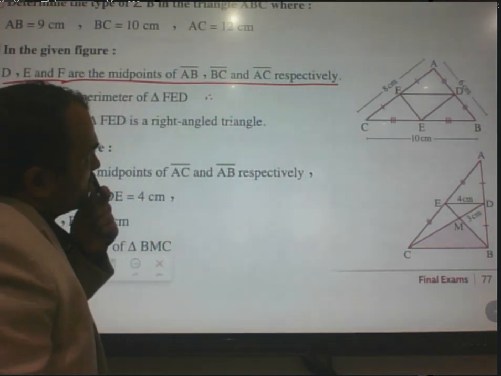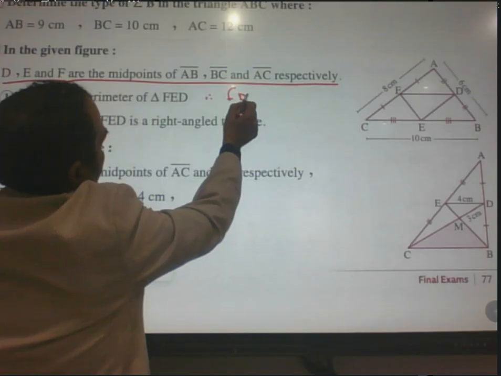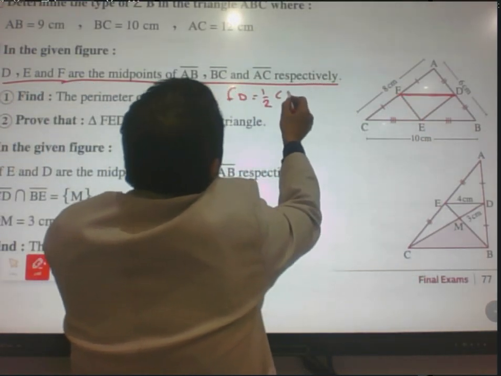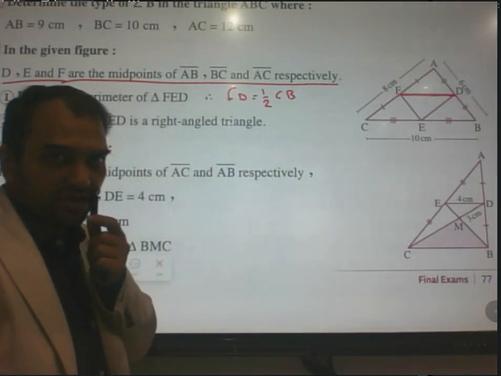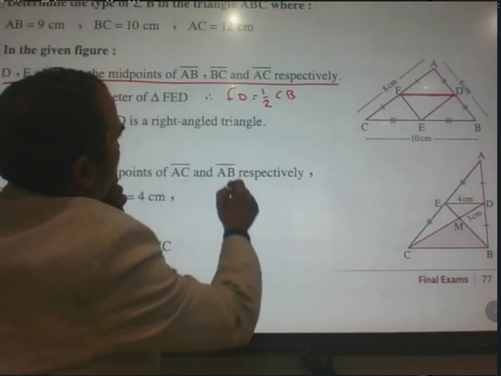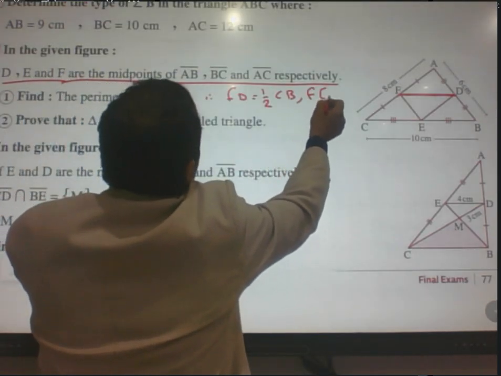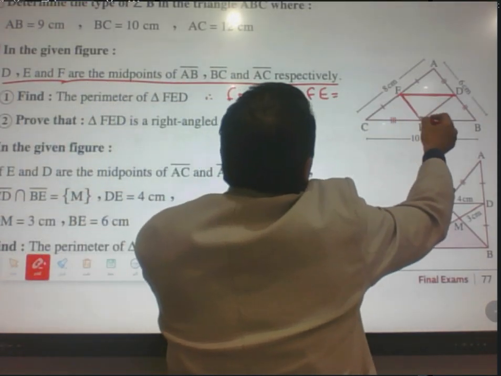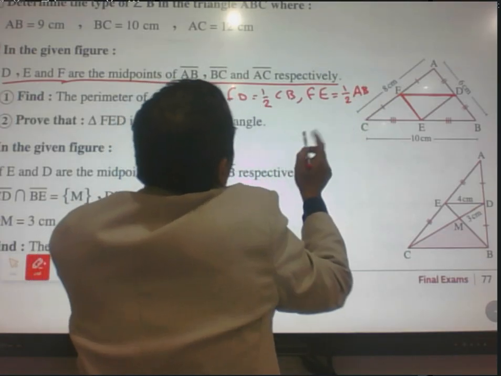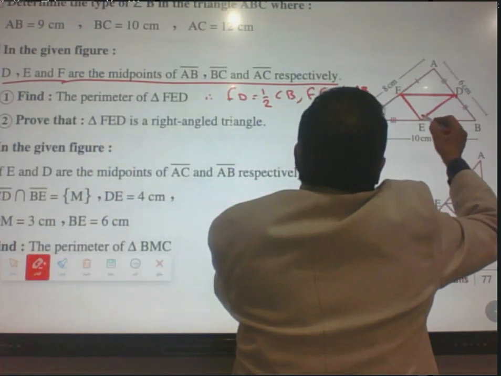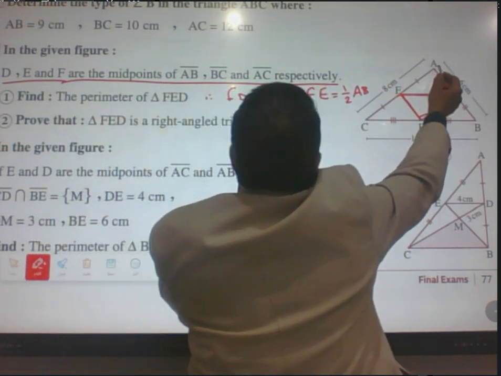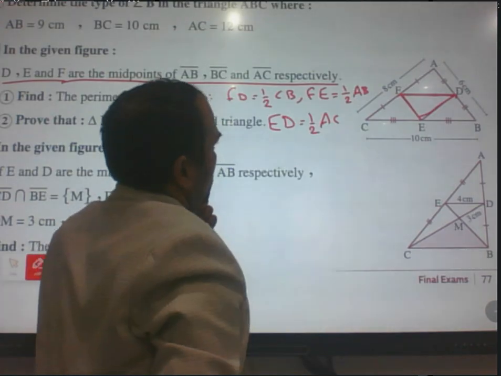Then we can write here FD will be half of AB. Okay, because this line segment we call it the mid segment. We have mid segment here, and also FE here half of AB, and also ED is half of the opposite line segment AC.